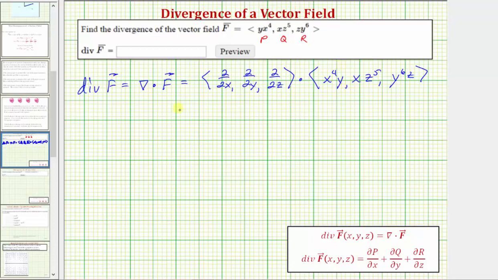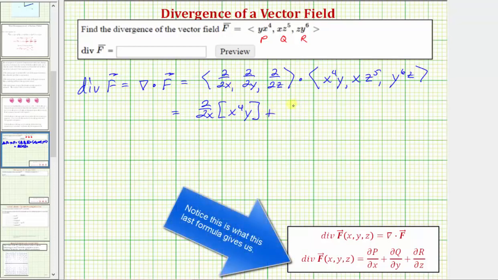Now determining the dot product, this would give us the partial derivative of x to the fourth y with respect to x plus the partial derivative of xz to the fifth with respect to y plus the partial derivative of y to the sixth z with respect to z.